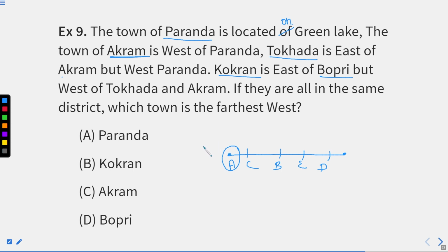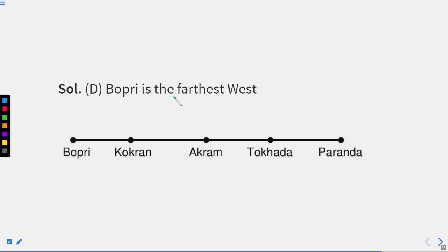For that, after reading all the instructions, what we are able to figure out is that Bopari is at the western part, after then Kokaran is there, then Akram is there, then Tokadha is there, and then Paranda is here. So who is the farthest west? That is Bopari.